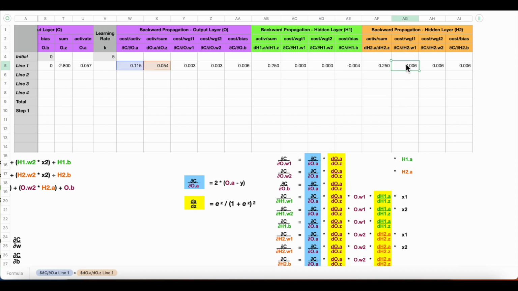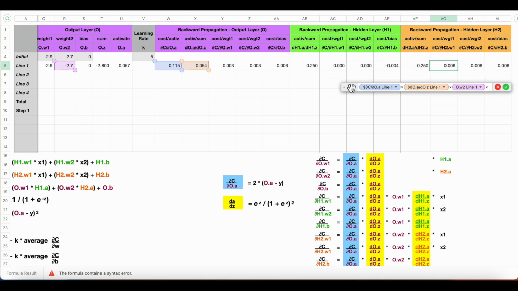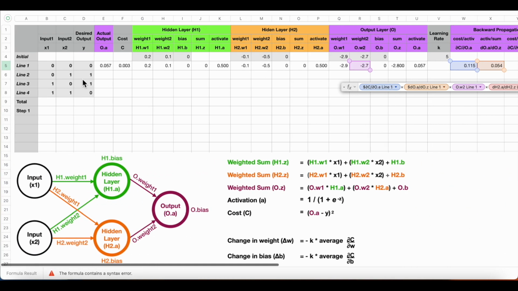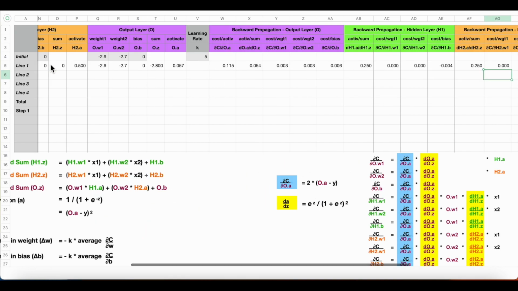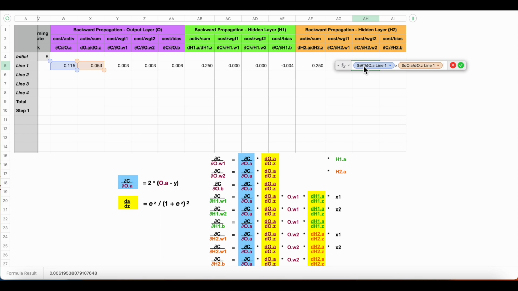And then finally for the cost with respect to H2 weight 1, we're going to multiply this times output weight 2 times the derivative of h2a with respect to z times x1. We'll do something similar for weight 2.